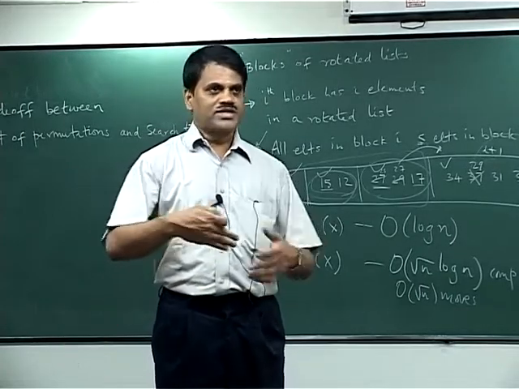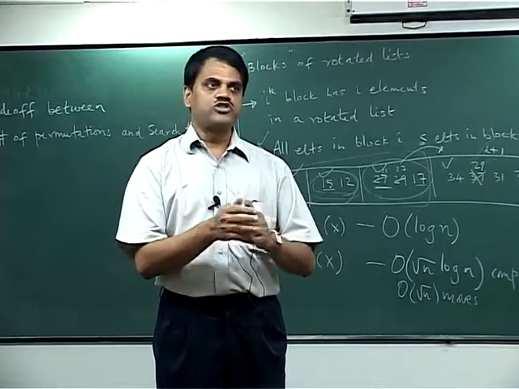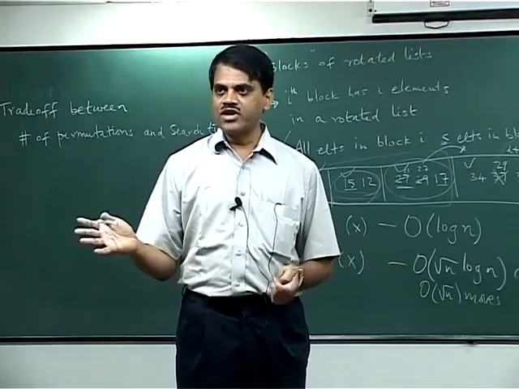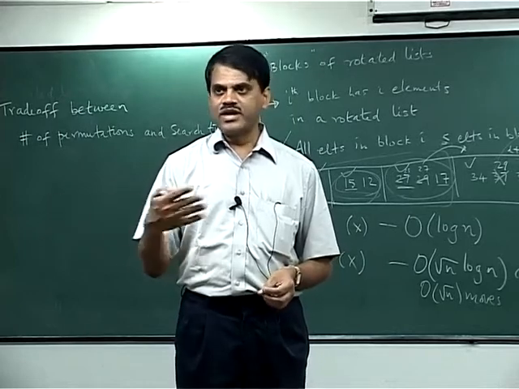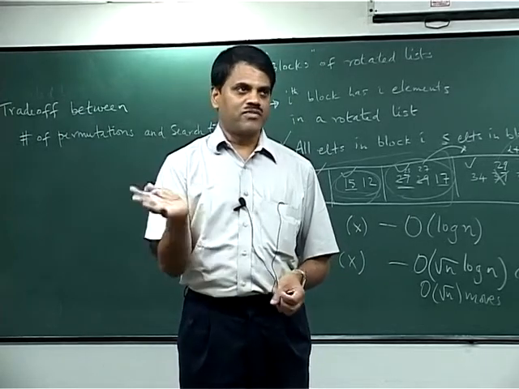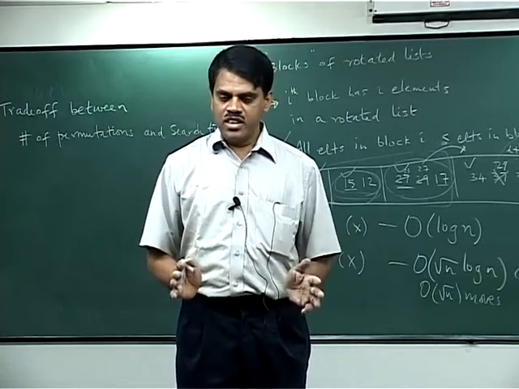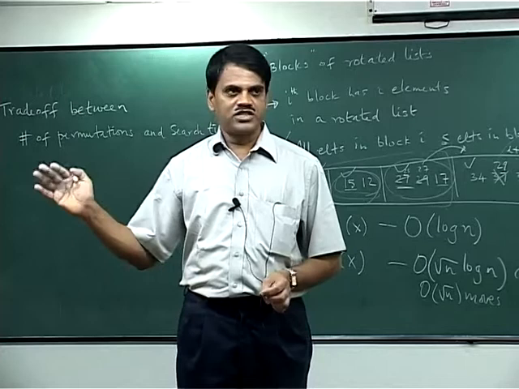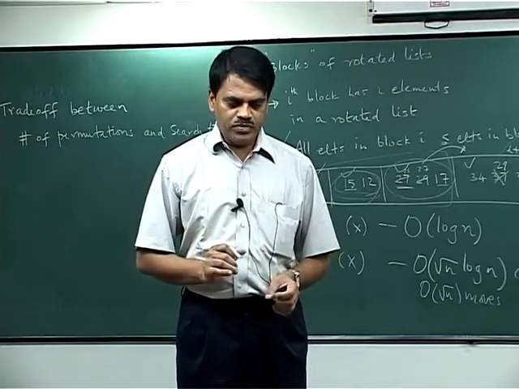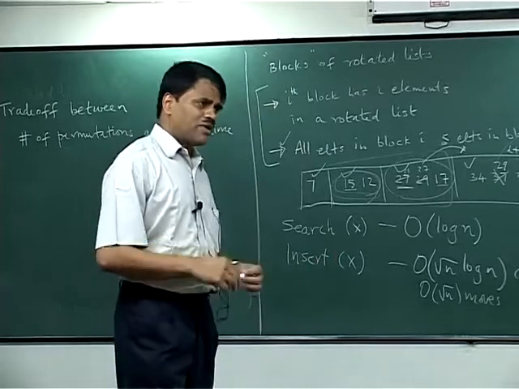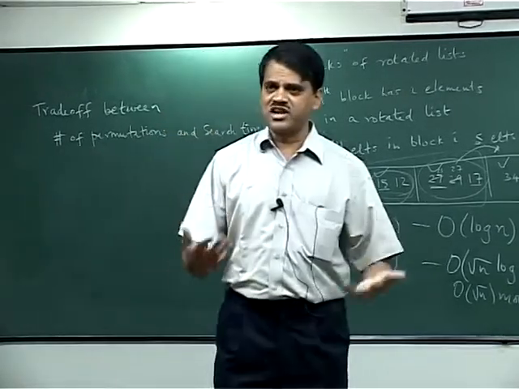The extreme examples: if you have an unsorted array, there is no structure there, and how much time do you need to search? Linear time, because you pretty much have to check every element. The other extreme is a sorted array, with a lot of structure, and you can search in logarithmic time.